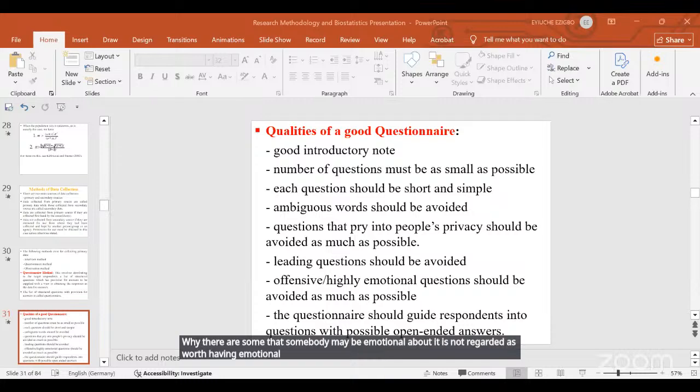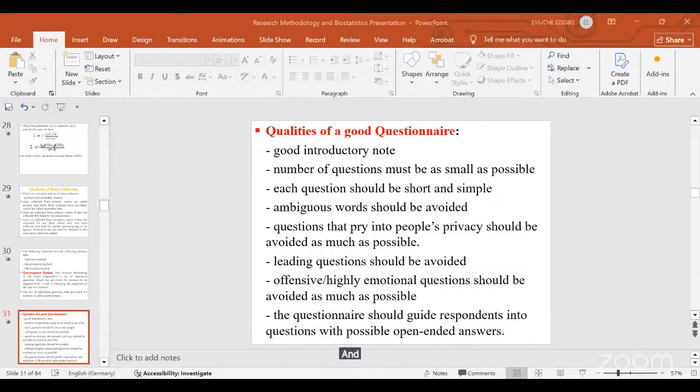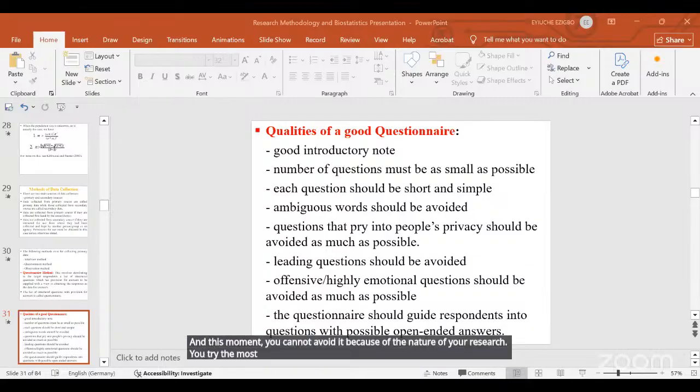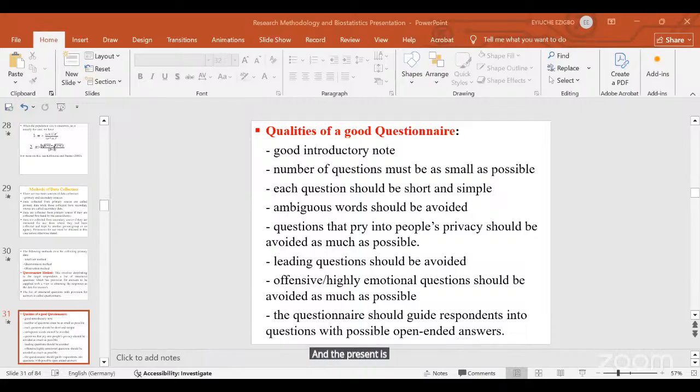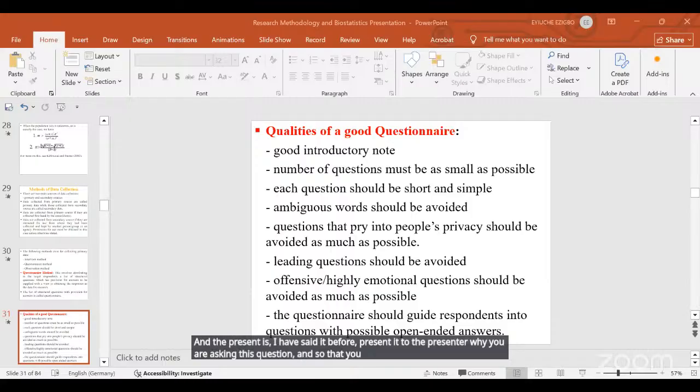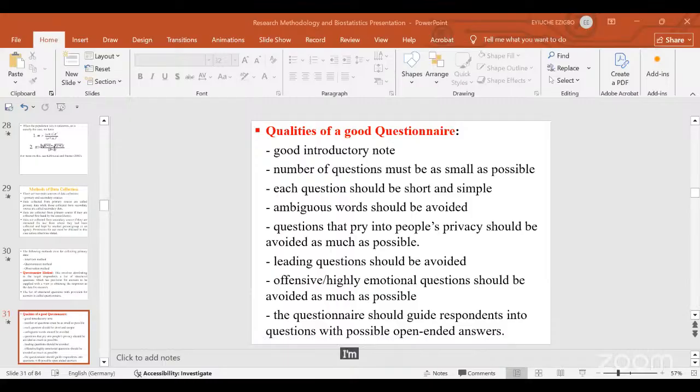As a result, what I have said is avoid the highly emotional ones. And even when you cannot avoid it because of the nature of your research, you try the much you can. First of all, present it in a light that somebody will understand. And present it to the person, why you are asking this question is so that you'll be able to do this or that. I'm sure it's understood.